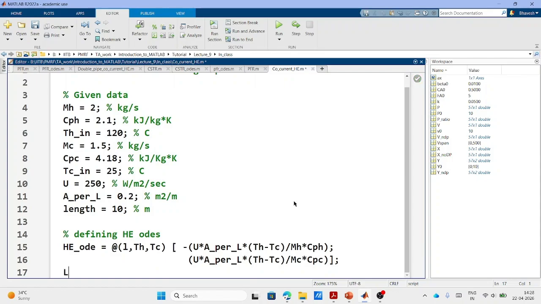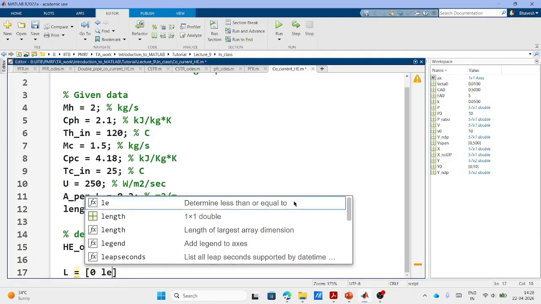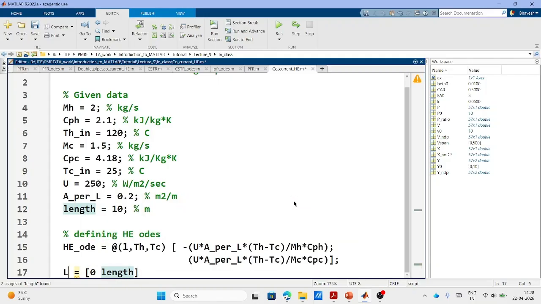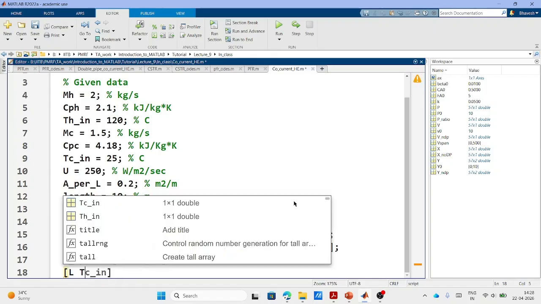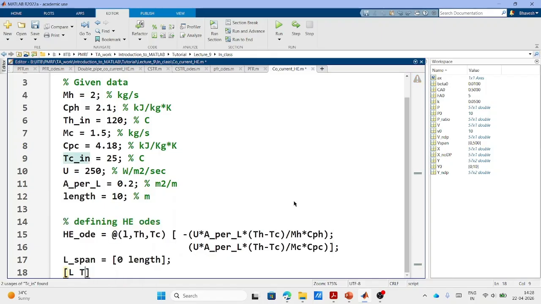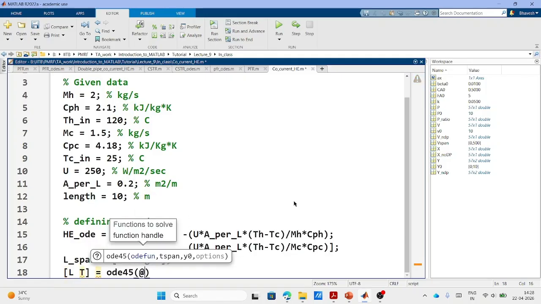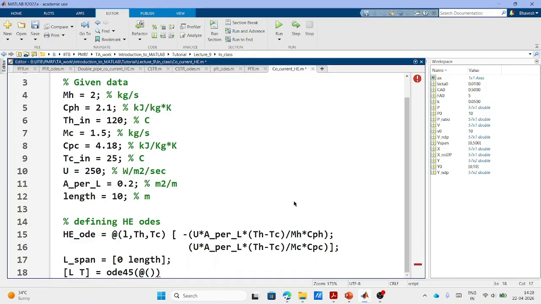Now I define the length span, which is zero to length. L span is given by this. So we will solve the ODE, which will provide you L comma T values. That is nothing but ODE45 at the rate function of length comma temperature.